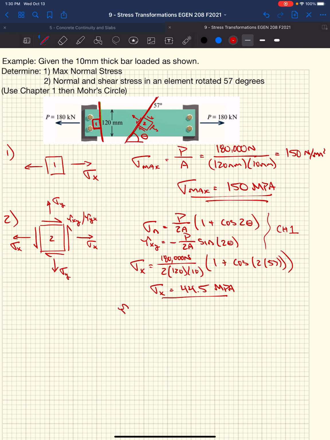And we get a tau xy equal to negative P over 2A, so 180,000 over 2 times 120 times 10 times the sine of 2 times 57, a lot of parentheses. We end up with a tau xy equal to negative 68.5 megapascals.